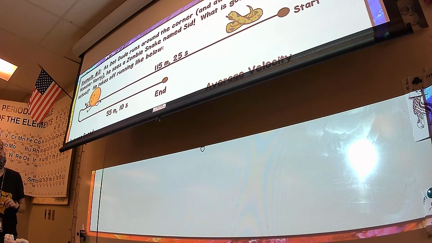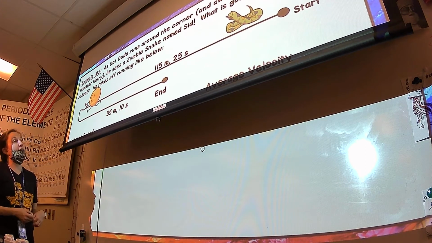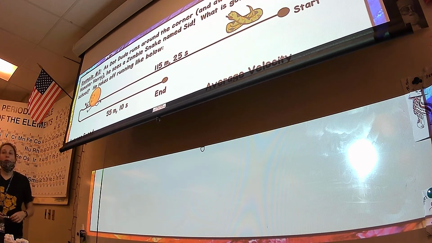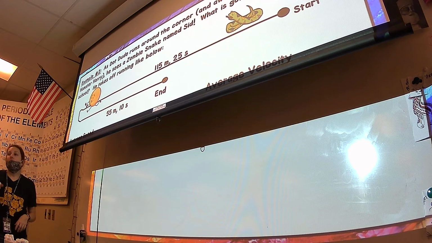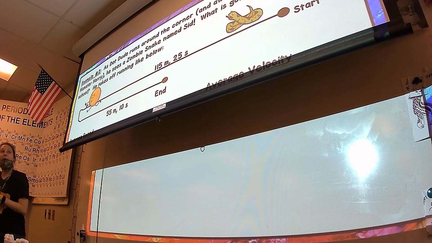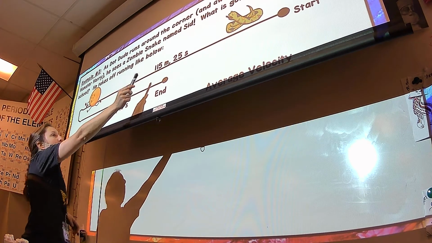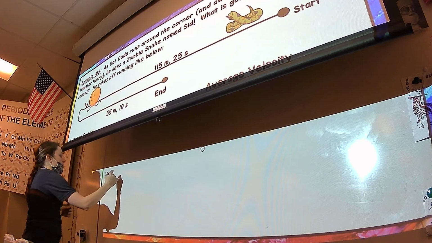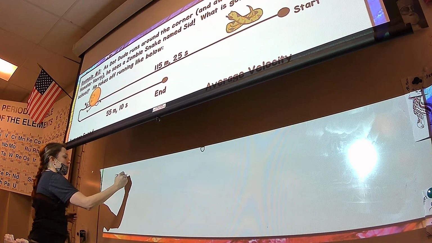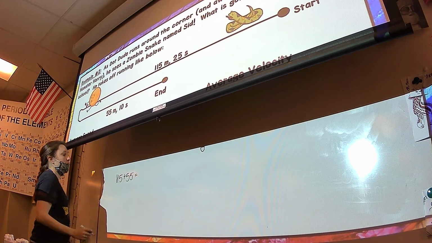As that dude runs around the corner and away from Zombie Hamster Harry, he sees a zombie snake named Sid. He takes off running like below. So for average speed, what does my D stand for? Distance. So to find distance, I'm going to add 115 and 55. What does that get me?